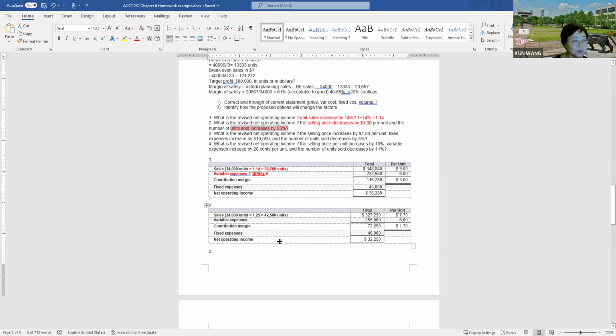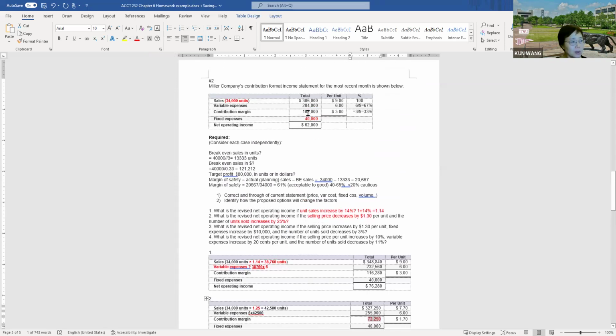But how can this work? So now let's calculate. The sales volume is 25% going up. And in the meantime, we multiply the 6 by the units, also using 42,500, the new sales volume. And probably you can already tell we have a lower contribution margin total compared to the current.